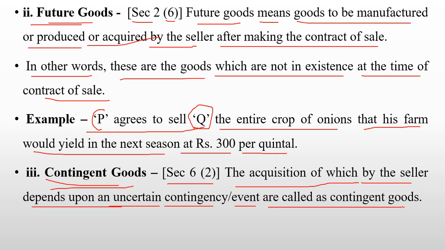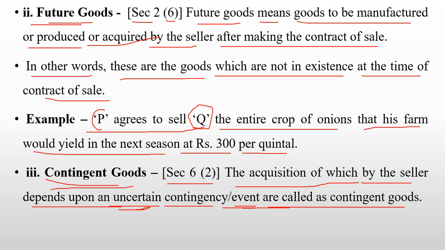That condition is that if there is a cyclone, I will not give you fish, and if there is no cyclone, I will give you fish. So now this fish, okay, fish is what? Goods. Now this fish depends on what? Uncertain events.